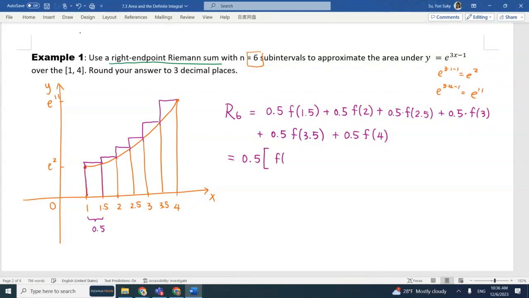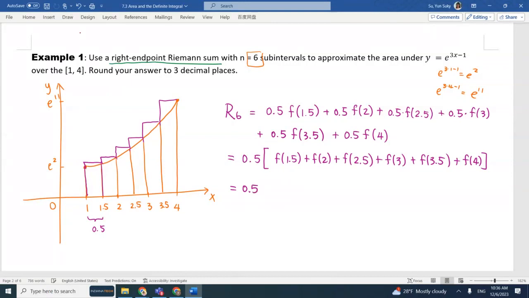Then I have f of 1.5, f of 2, f of 2.5, f of 3, f of 3.5, and f of 4. Okay, good. So let's continue.